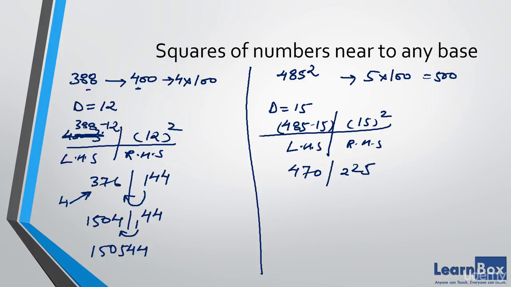Now here again this 2 will be carry forwarded because the base is 500, and thus we can only have 2 digits in the RHS, and this 470 has to be multiplied by 5 because the base is 5 into 100. So this becomes 2350 in the LHS and 225 in the RHS. We'll carry forward the 2 towards LHS, so our answer comes as 235225.